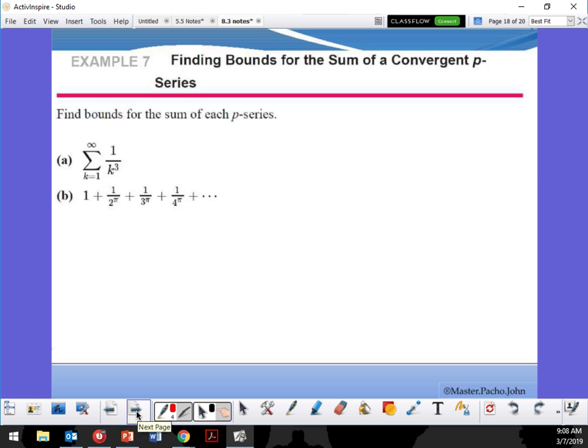Try this one. A, finding the bounds. What is my p? 3.